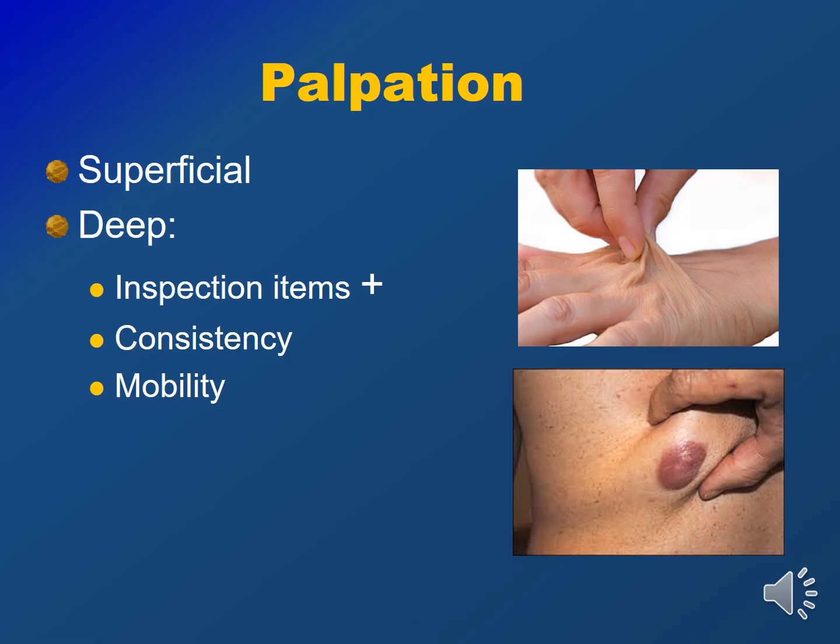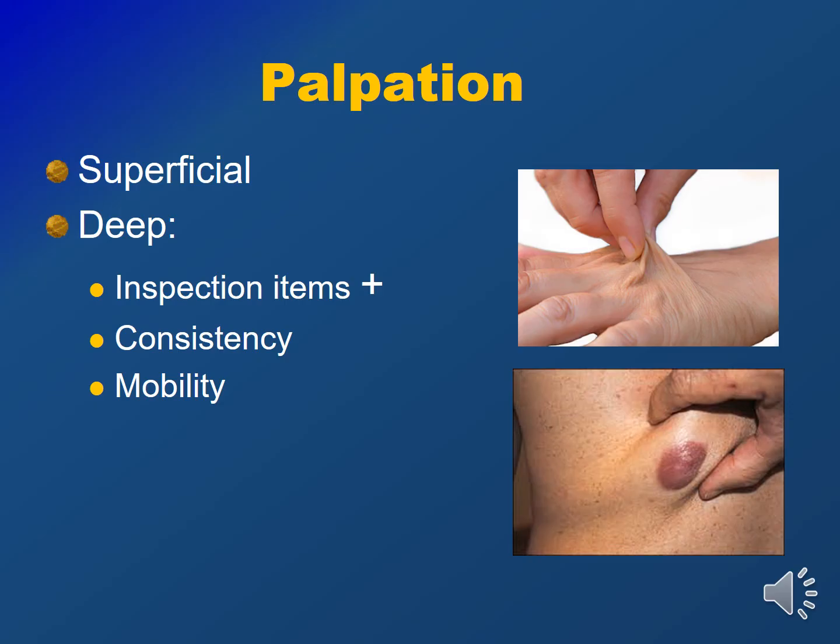This is done by holding the swelling as in the picture, putting the underlying muscle in relaxation first and feeling the mobility, then putting it in action and checking the mobility to see if there is any difference. That means the swelling is fixed to the underlying structure.